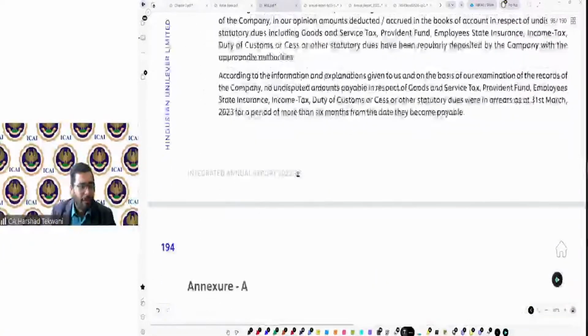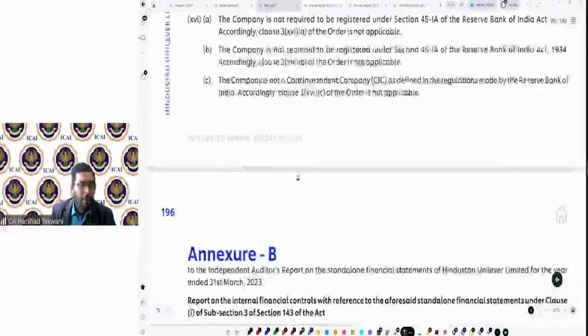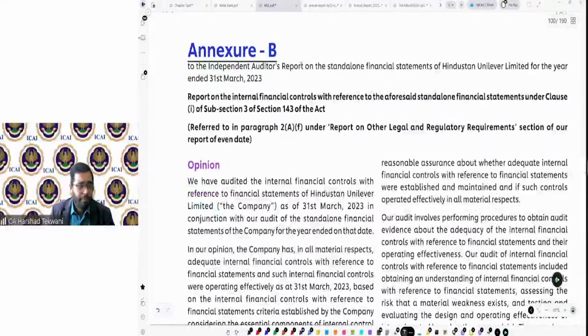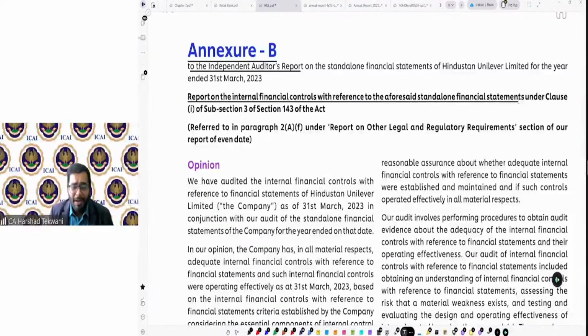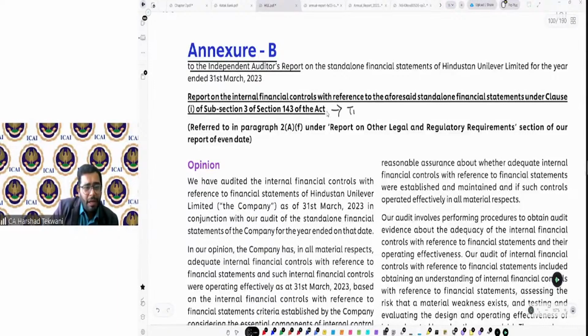This is Annexure B to the Independent Auditor's report, which talks about the report on internal financial control with reference to the aforesaid standalone financial statement under clause (i) of subsection 3 of section 143 of the Act. Again, this is your title, kind of. And again, refer to the paragraph. That's a reference that has been given.